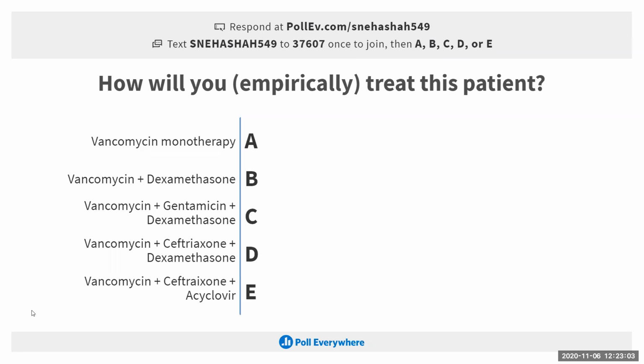All right, so given that and whatever else you may know about meningitis in this patient, how will you empirically treat him?